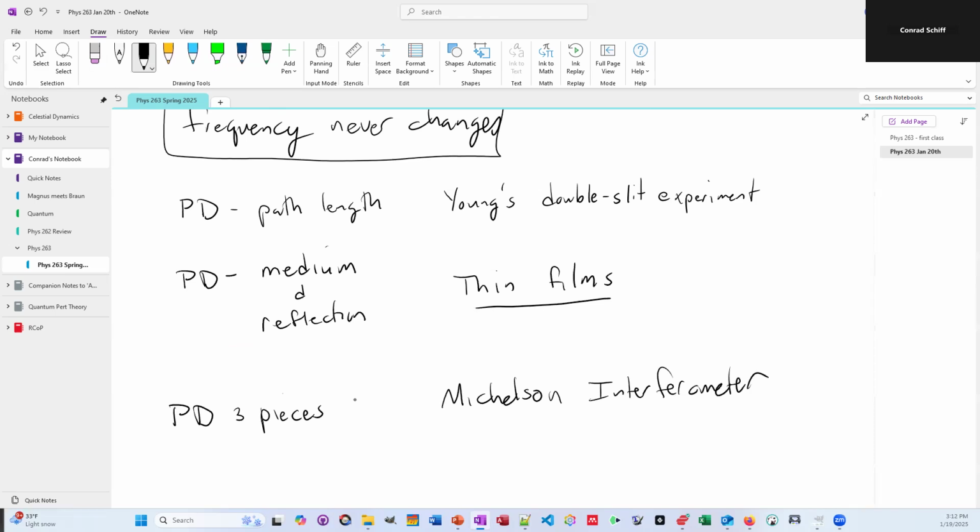And the interesting history of the Michelson interferometer is it killed the idea of the ether, the so-called mythical substance in which the electromagnetic wave propagated. And in doing so, it ushered in the theory of relativity.